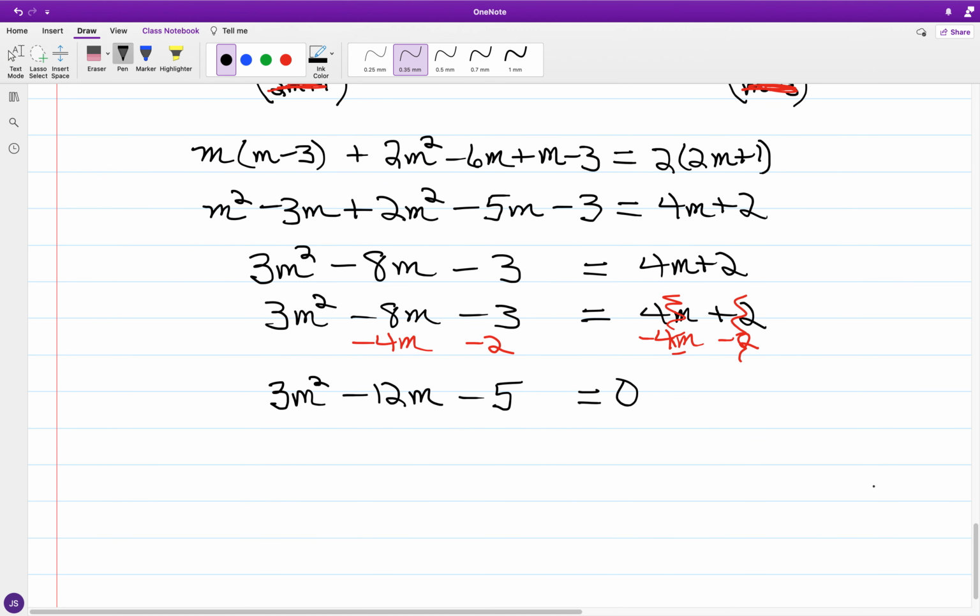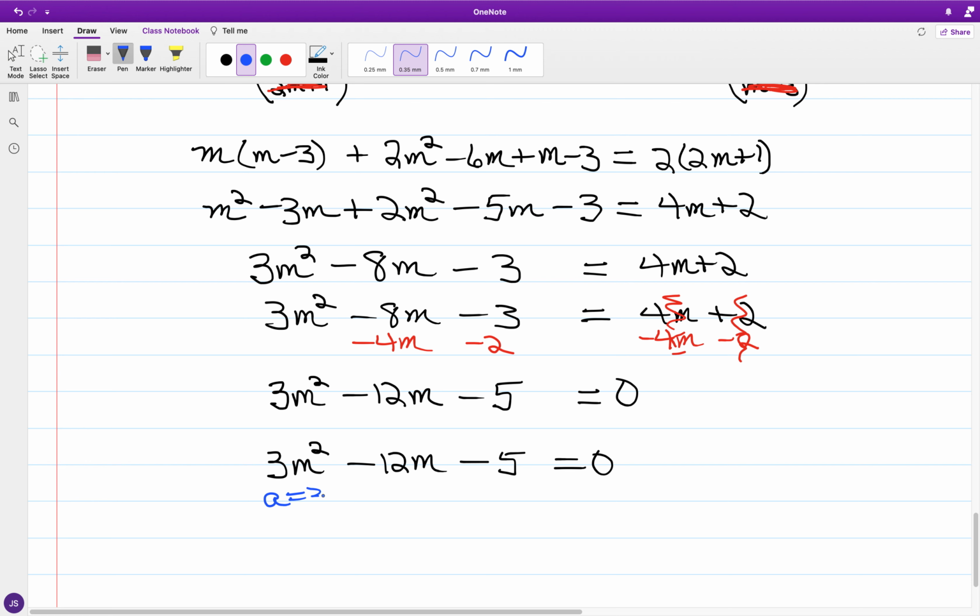Okay, and so for this one, we're looking at the use of the quadratic formula. For this particular setup, now we're solving for m, not the letter x, but we're still going upon the same premises.